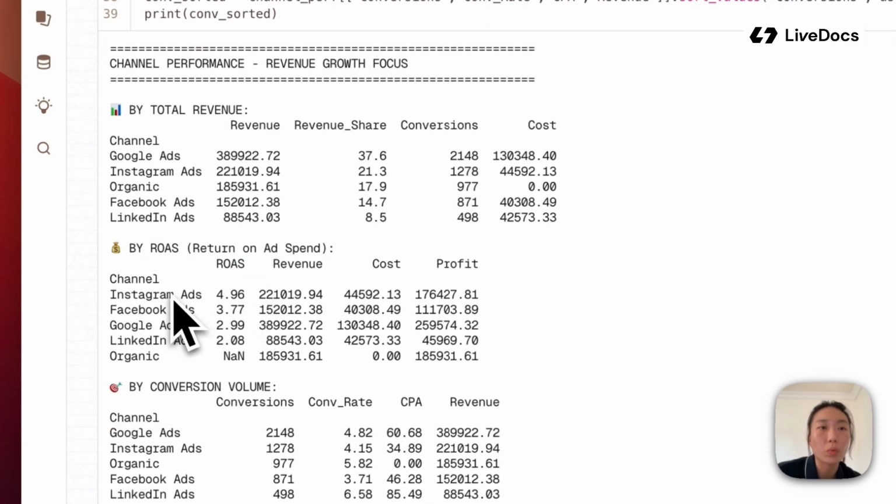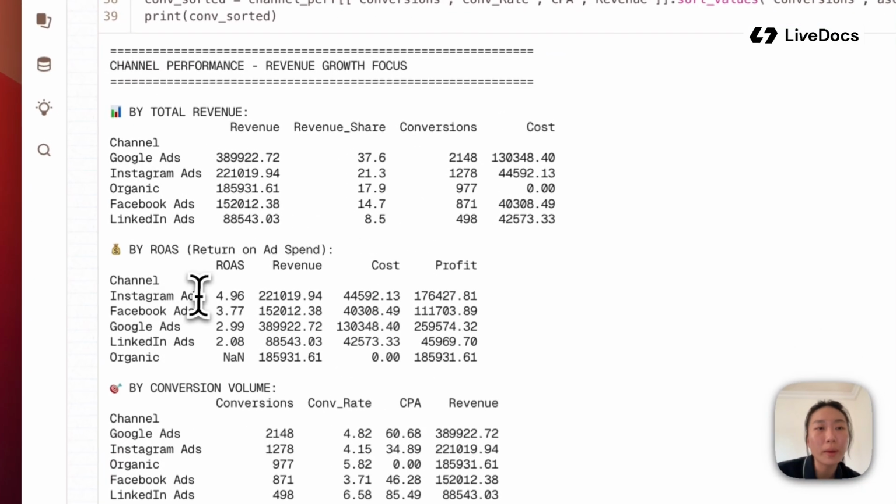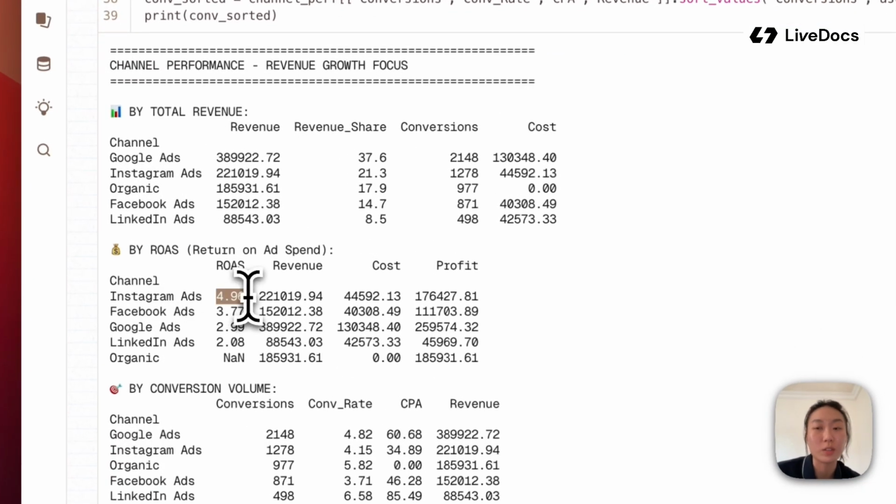And then next we have to analyze whether the ads are useful. What's the return on ad spend? Instagram ads has the highest return, as you can see, but we spend a lot of money on Google Ads, and it's only generating slightly better revenue. Instagram has way better return on ad spend, and the cost is much lower, while Google Ads costs a bit higher.